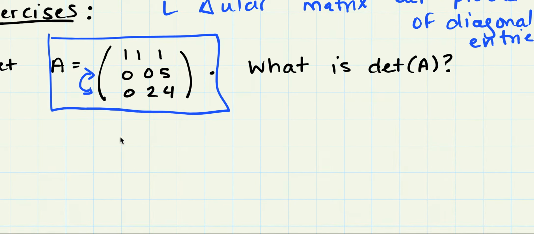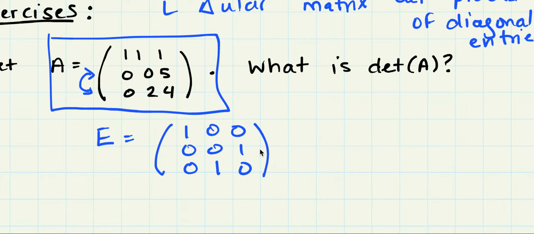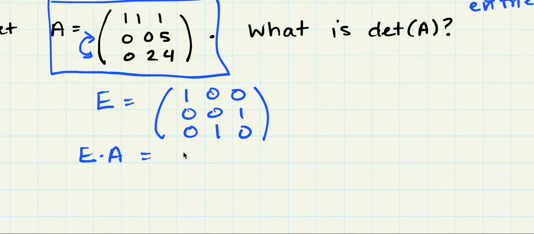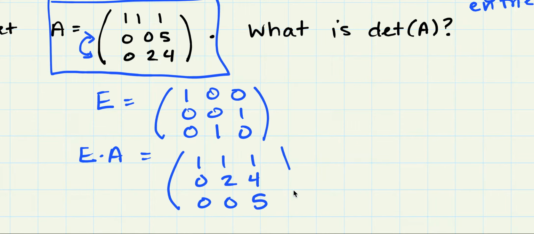So if I apply E, which is the type 1 elementary matrix, where I switch the second and third row, if I apply E to A, what will I get? Well, I'll have 1, 1, 1, 0, 2, 4, 0, 0, 5.